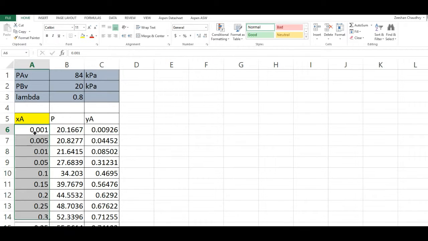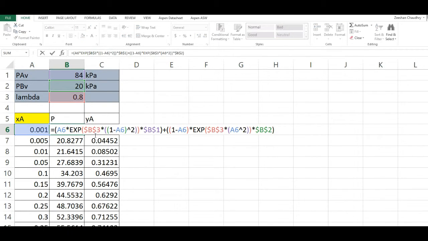These are values we can choose. Then we can designate constants by putting a dollar sign before and after the letter of the cell in which the constant is located. For example, lambda is a constant, and we can see that it's in cell B3. So we put a dollar sign before and after the letter of the cell to designate it as a constant. Once we do that, we can write out the rest of the equation with designated constants.